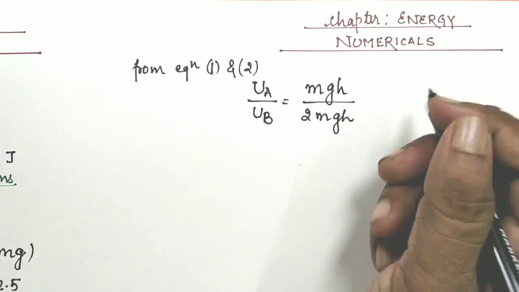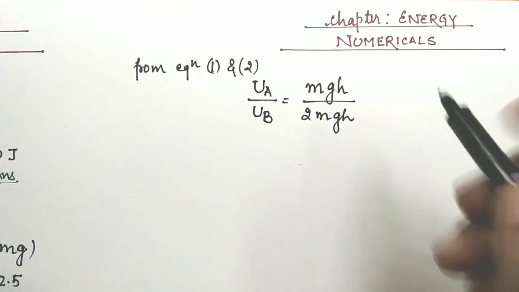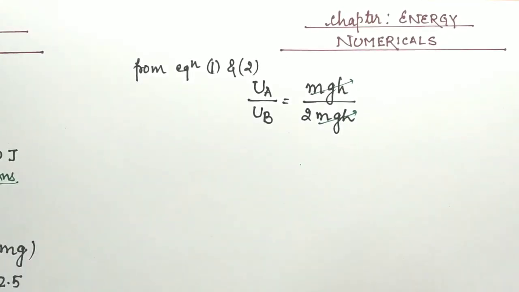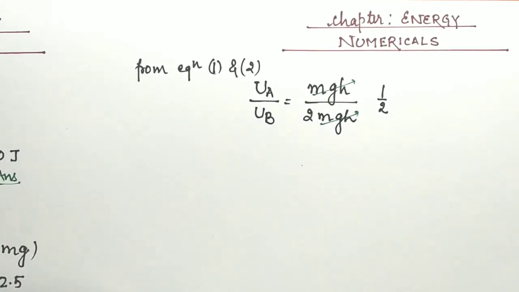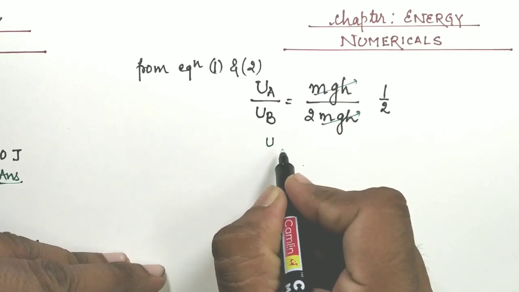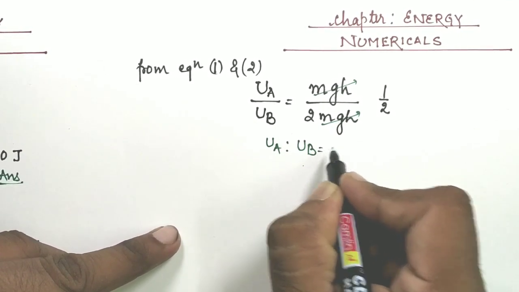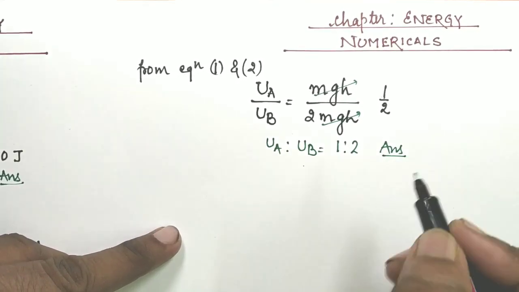Here mgh and mgh will cancel out with each other, and we will get 1 by 2 as an answer. So the ratio of the potential energy UA to UB will be 1:2, which is the answer to this question.